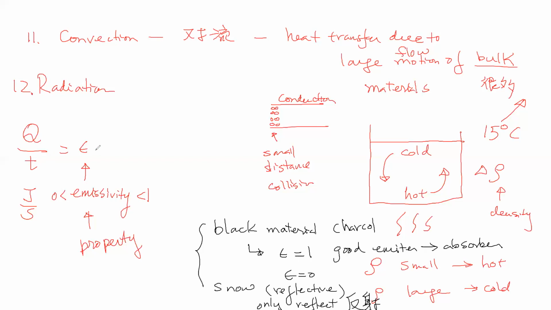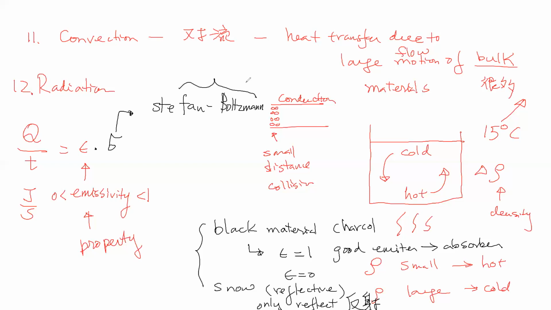So this emissivity, and then times a constant. This is sigma. Sigma constant here is Stefan Boltzmann. So Boltzmann we are familiar with because we studied that already. So Stefan Boltzmann. So there's some kind of collaboration between the two. Or their work kind of overlaps.